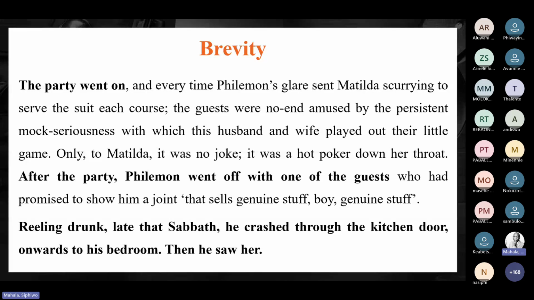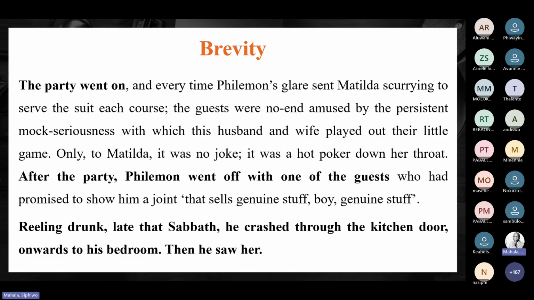It was a hot poker down her throat. After the party, Philemon went off with one of the guests who had promised to show him a joint that sells genuine stuff. Boy, genuine stuff. Getting drunk, late that Sabbath, he crashed through the kitchen door onwards to his bedroom.